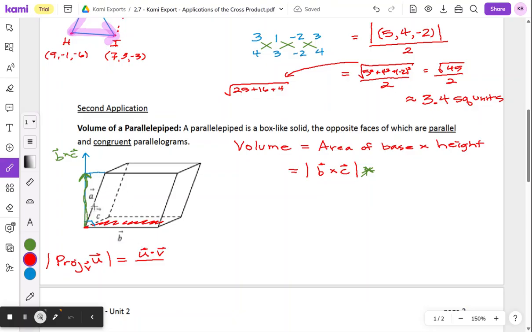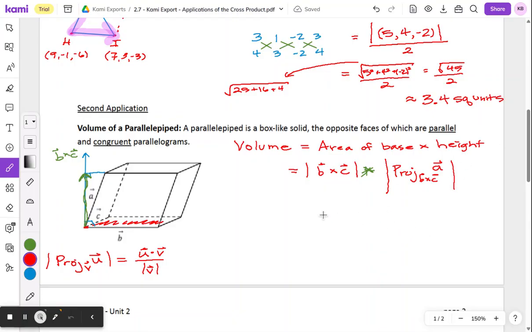So in this case, it will be A dot B cross C. And then I will divide that by the magnitude of the vector being projected upon, okay? So here, what I need to calculate is the projection of my vector A onto B cross C.